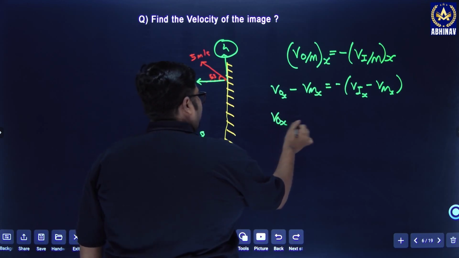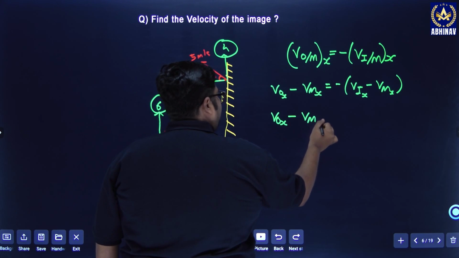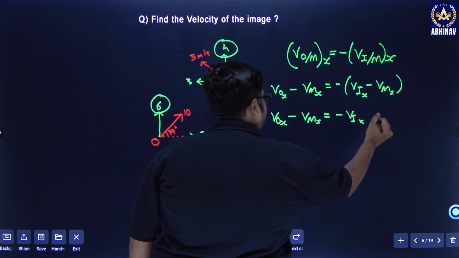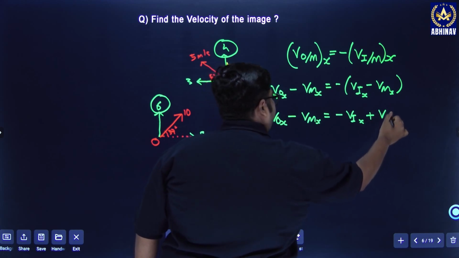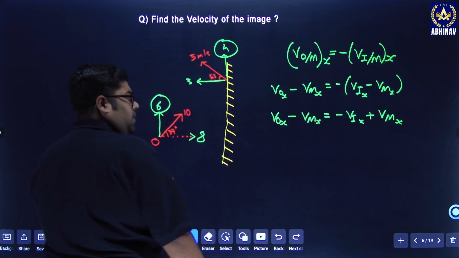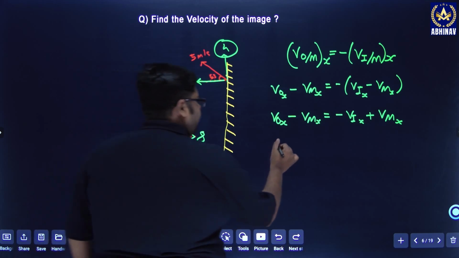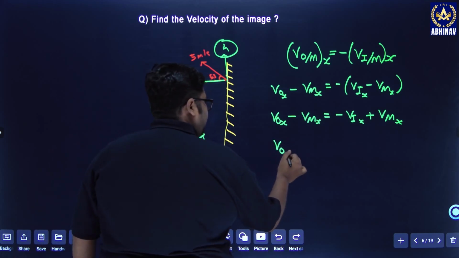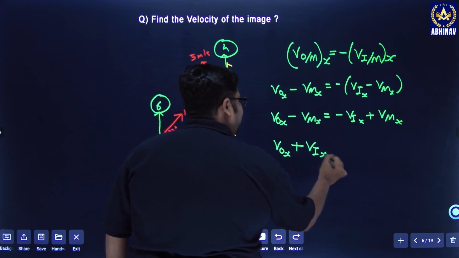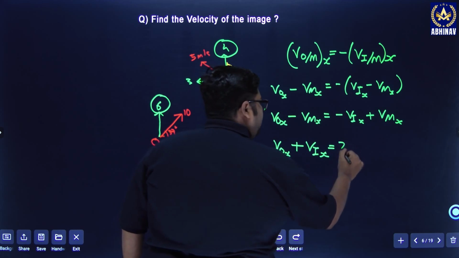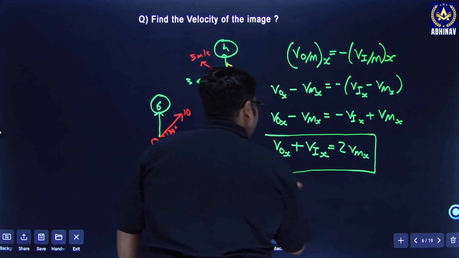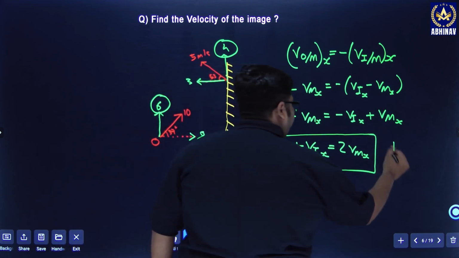Velocity of object along x minus velocity of mirror along x is equal to negative velocity of image along x plus velocity of mirror along x-axis. Now let us shift the terms so that we could get a shortcut formula here, that is velocity of object along x-axis plus velocity of image along x-axis is equal to 2 times velocity of the mirror along x-axis, and this is the shortcut formula.